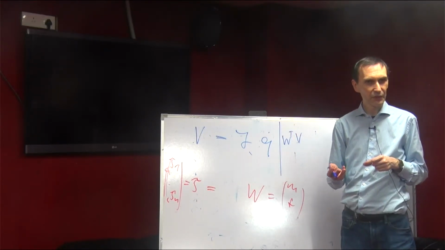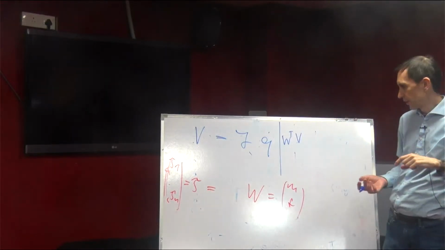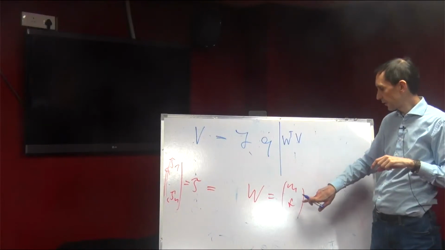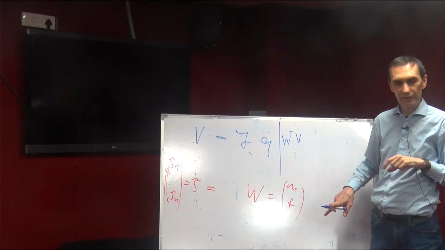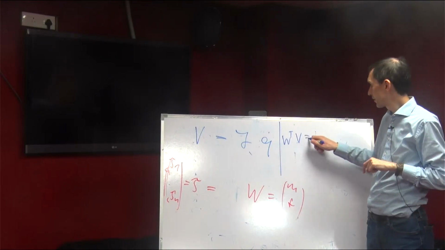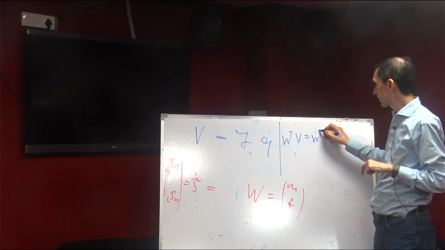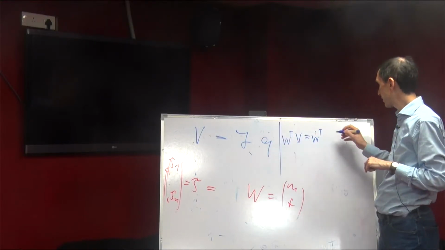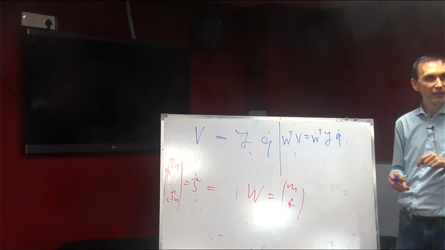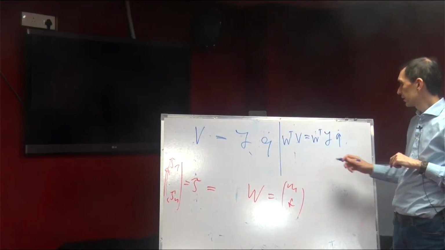In our case, it's the twist times the wrench: the moment times the omega plus the force times the linear velocity. That's the power. Now I can plug in what I know: V is J times q dot.